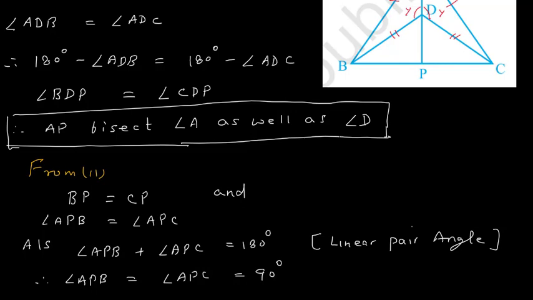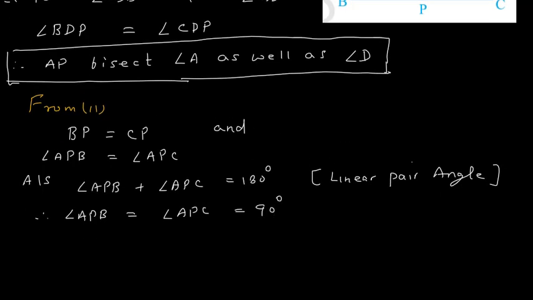So BP is equal to CP and these two angles are 90 degrees. Therefore I will say that AP is the perpendicular bisector of side BC. So done.